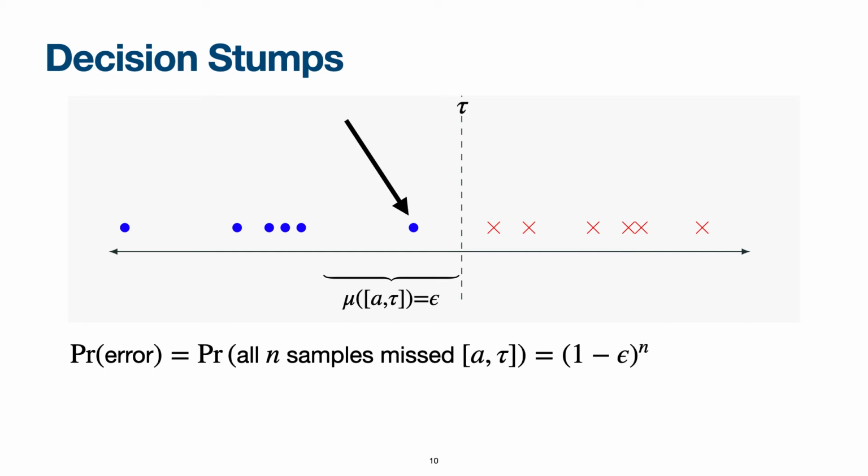And the probability of missing this region n times is simply (1 minus epsilon) to the power n. Now, all we need to do to establish PAC learnability is to make sure that we can actually choose n such that (1 minus epsilon) to the power n is less than delta, which is any confidence that we want to choose. And in fact, this is doable.